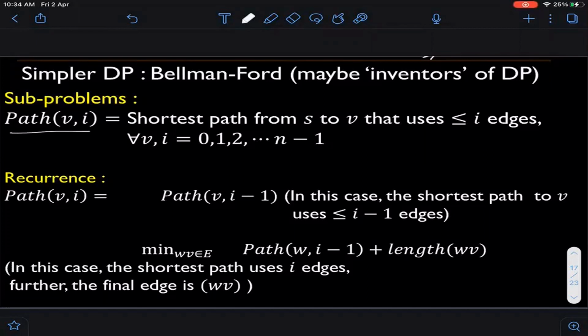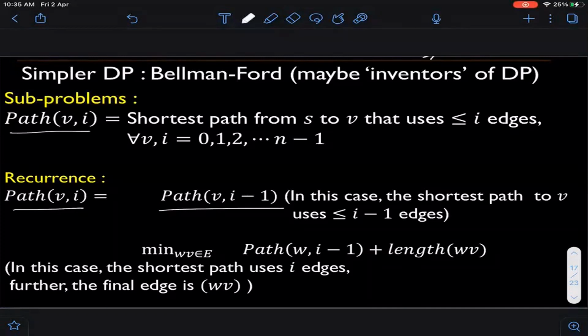So what is the recurrence saying? The recurrence is saying that your path(v, i), which is the optimal shortest path from S to V that uses at most i number of hops, could just inherit the solution to a smaller subproblem, which is the shortest path length from S to V that uses at most i minus one number of edges.